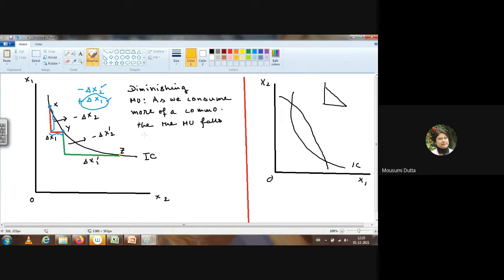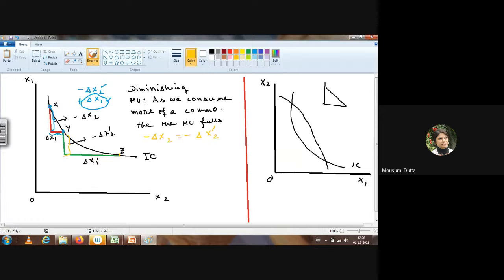While I'm moving from Y to Z, I am leaving this amount of X2 further. I consider the move in such a way that minus delta X2 is equal to minus delta X2 prime. The amounts are the same. I am reducing the same amount of X2.